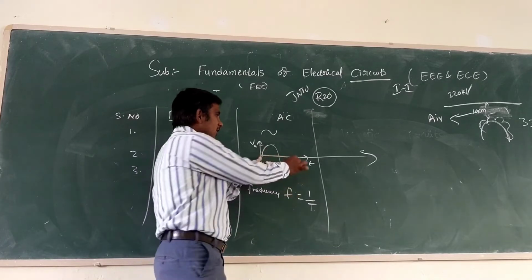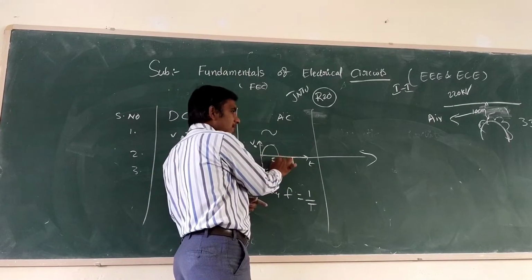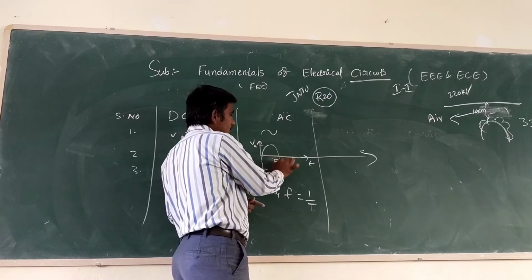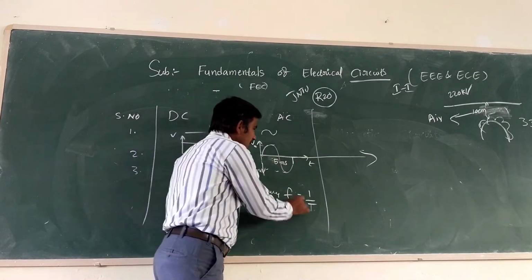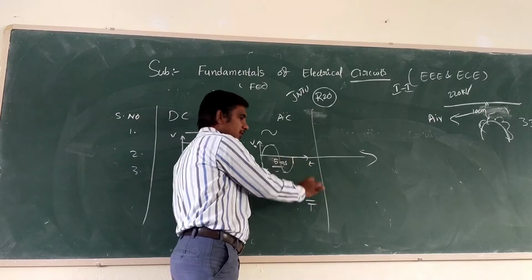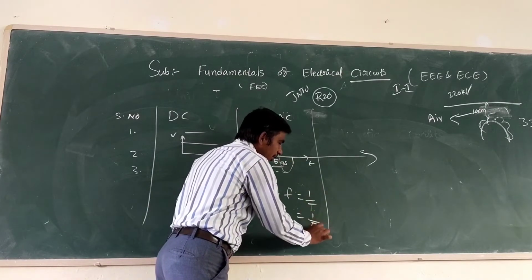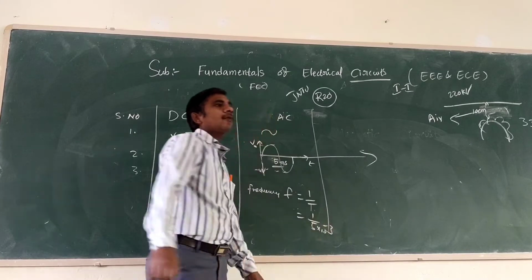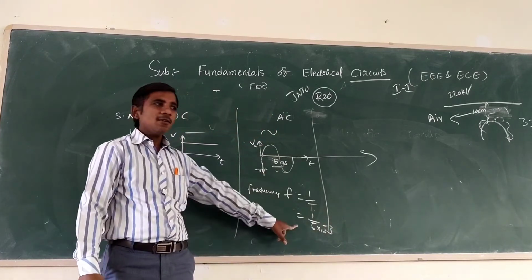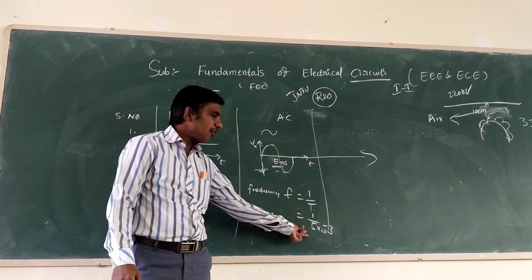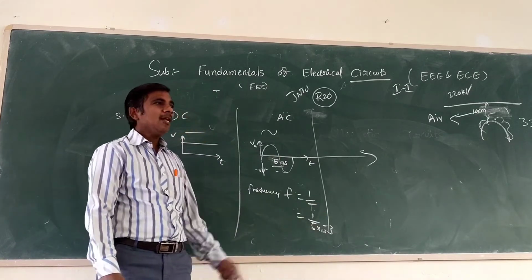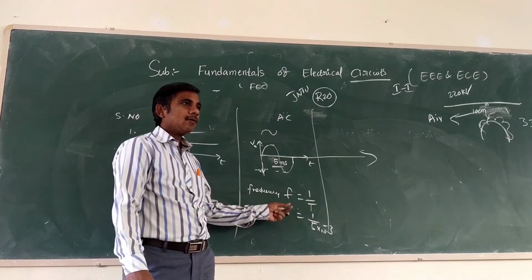If you measure this, it is 5 centimeters, that is 5 milliseconds. Suppose T is 5 milliseconds, then F equal to 1 by 5 into 10 power minus 3. Do the calculation. Milli means 10 power minus 3.